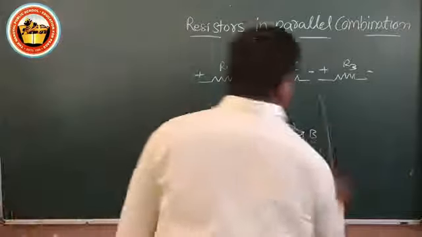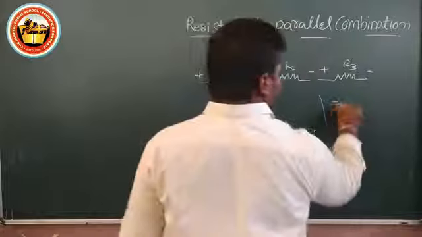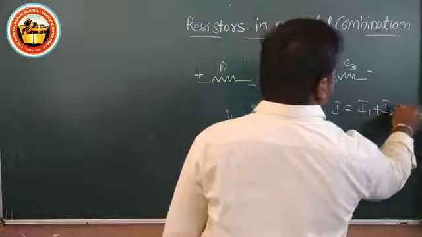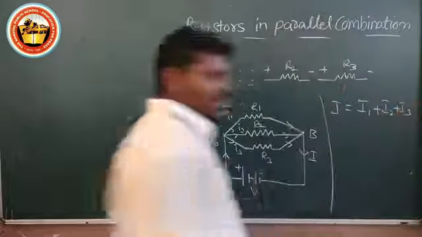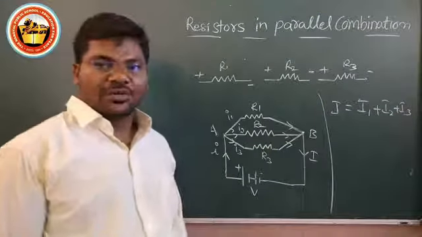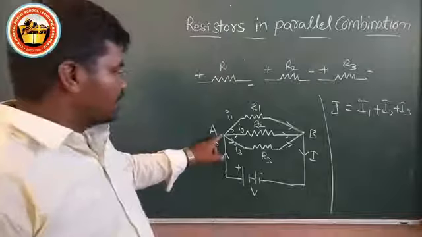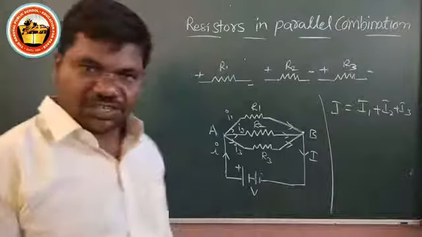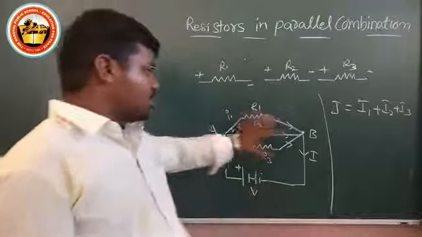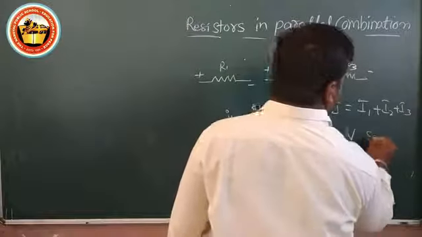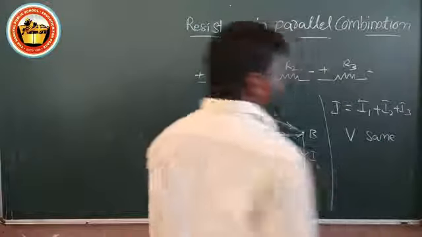In a parallel combination, the current splits into I1 plus I2 plus I3. This is Kirchhoff's junction rule: the current entering the junction is equal to the current leaving the junction.